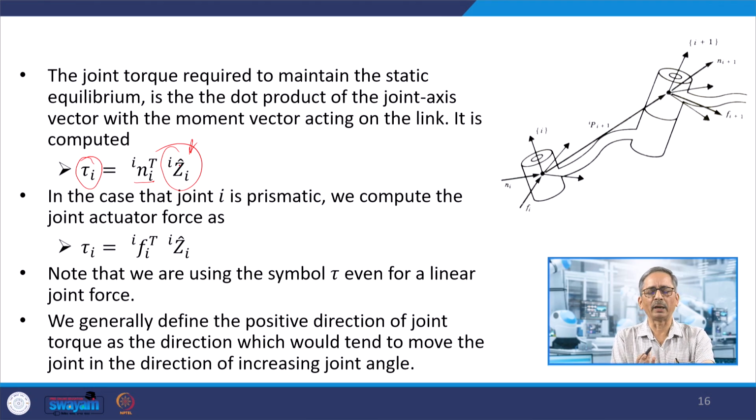This is for a revolute joint, and if my joint is prismatic, I can get the force over here. We generally define the positive direction of joint torque as the direction which would tend to move the joint in the direction of increasing joint angle. That way we can evaluate how much joint torque I will need.